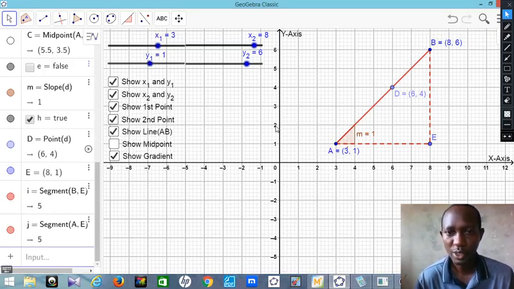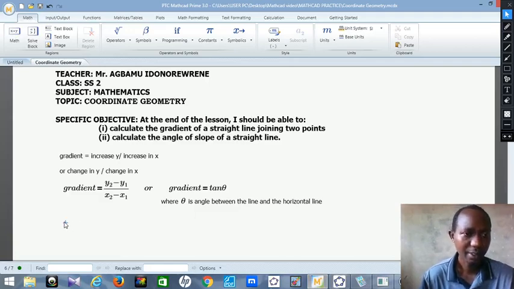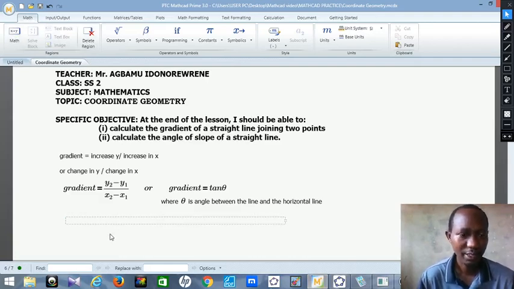Then 2, y2 is 1. So 2 minus 1 is 1. So you see that you're having 1 as your answer. So if I use this example we have there, a simple question can come like this. Let's take this as example.